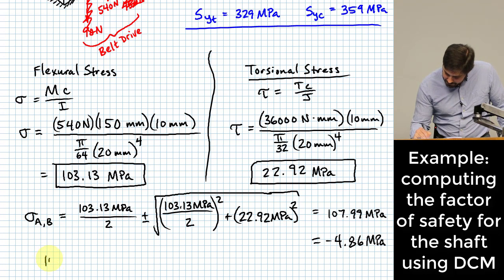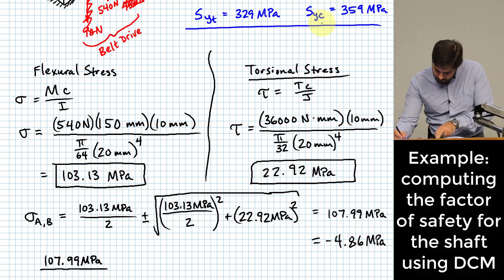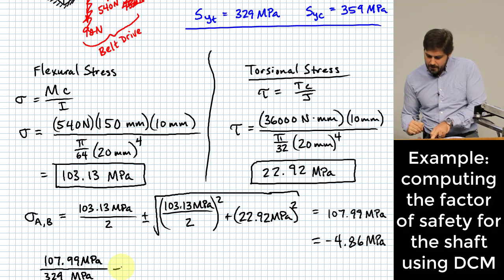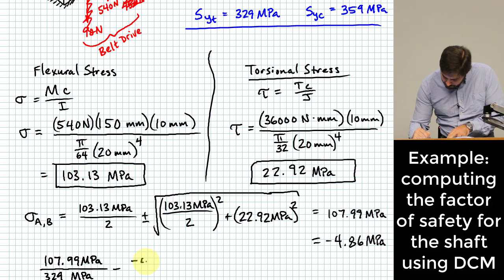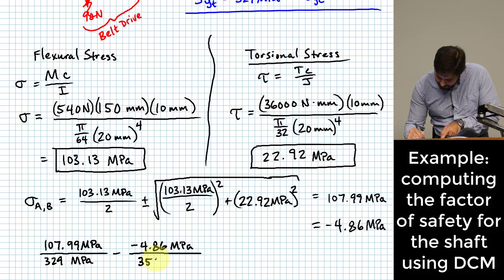107.99 MPa over S sub yt, which is 329 MPa, minus a minus 4.86 MPa over 359 MPa.